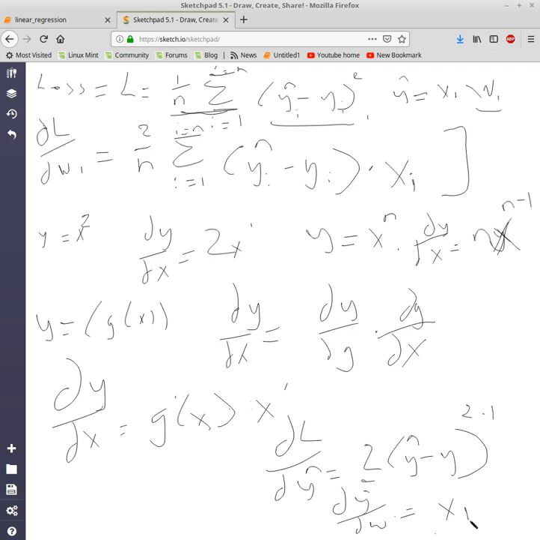So when you combine these two equations together, you have the equation that we see here. This one.